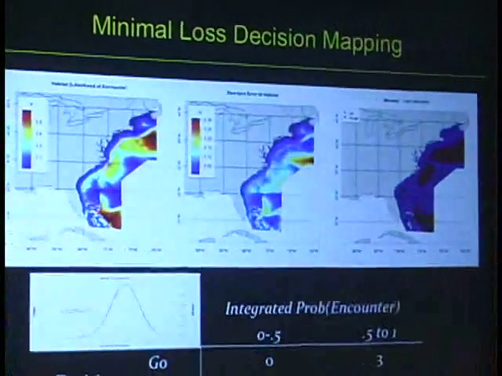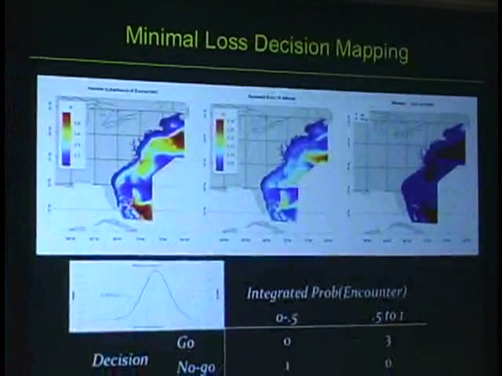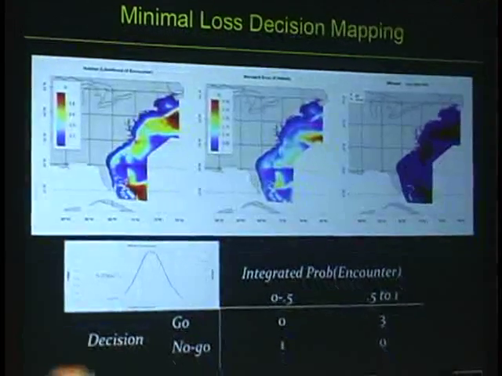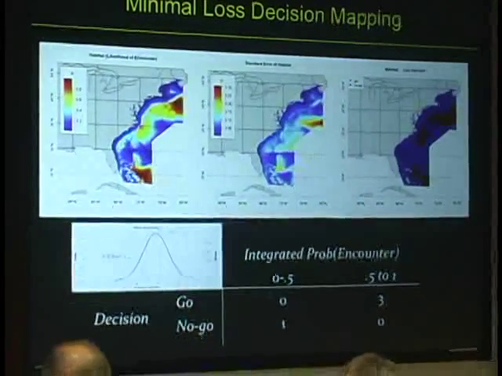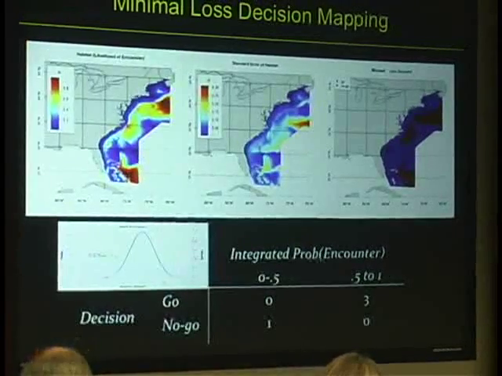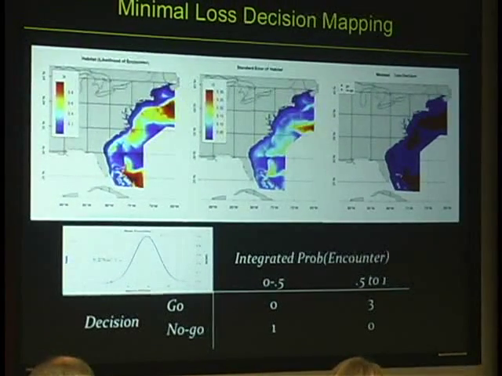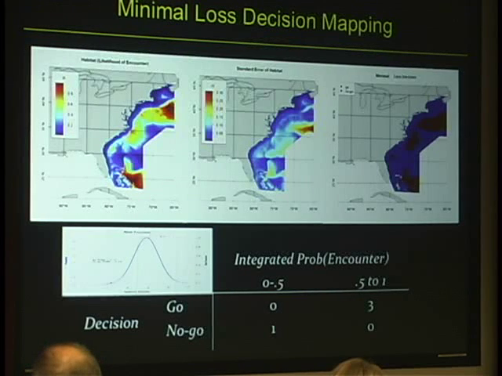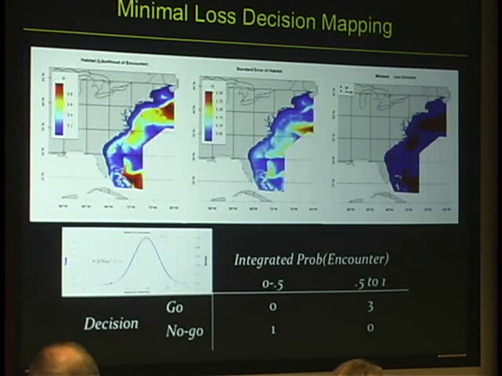Something that I need to get out there is this idea of minimal loss decision mapping. This is inspired by work by Paul Wade and Barb Taylor, who did this in an aspatial way, where they used Bayesian methods to quantify the decision of taking in population status and calling a threat or not, and getting the uncertainty with that result.